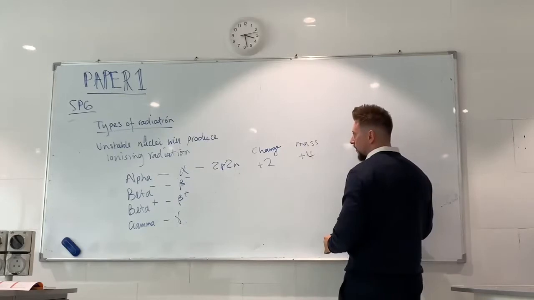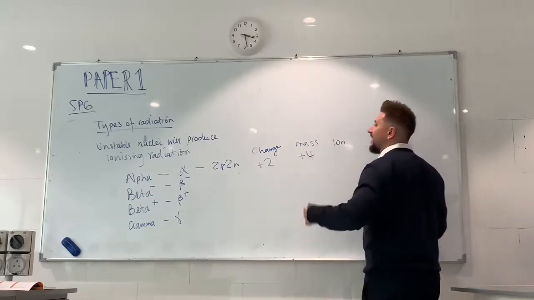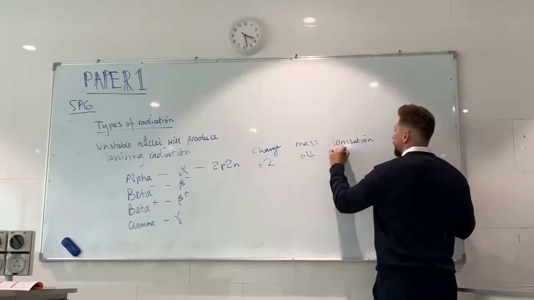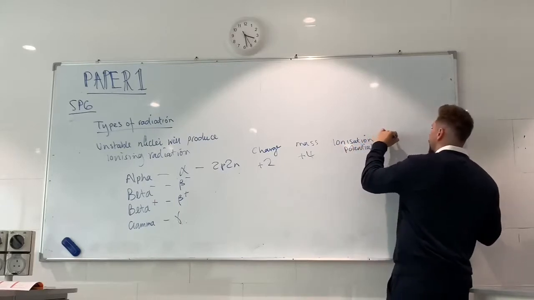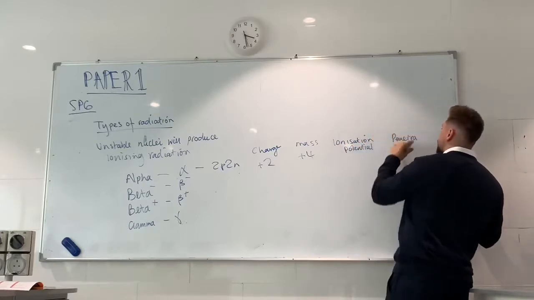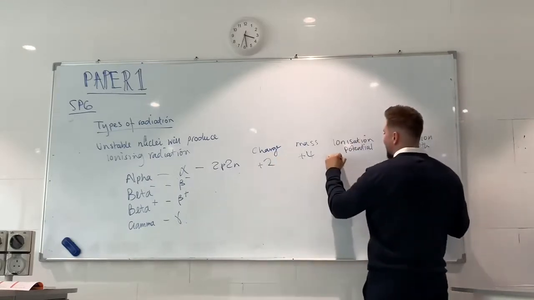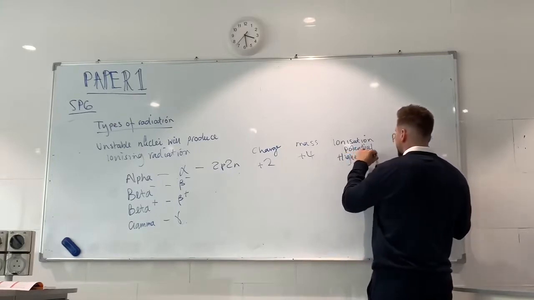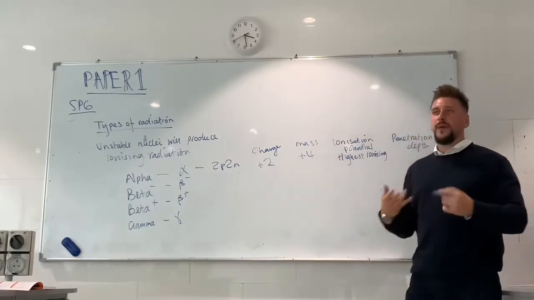We also need to discuss how ionizing it is, just how dangerous it is, so ionization potential, and finally, how far it can travel before it's stopped, so penetration depth. Alpha is the highest and most ionizing. It has a very short penetration depth.